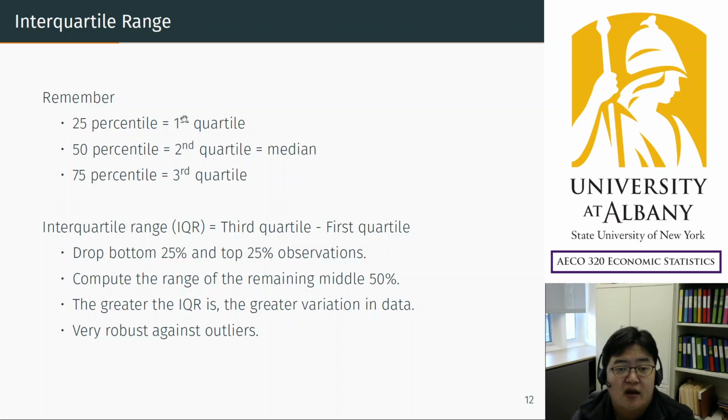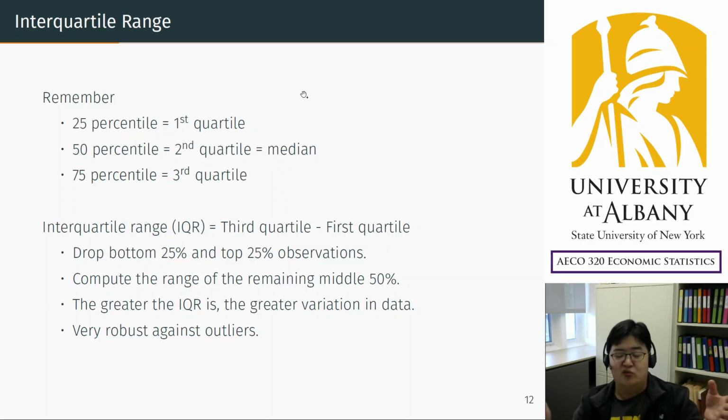Remember, there were special names for the 25, 50, and 75 percentiles: first quartile for the 25th percentile, third quartile for the 75th percentile, and the 50th percentile is the median, or second quartile.